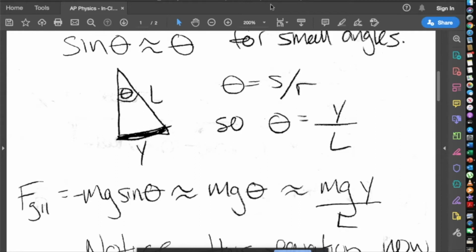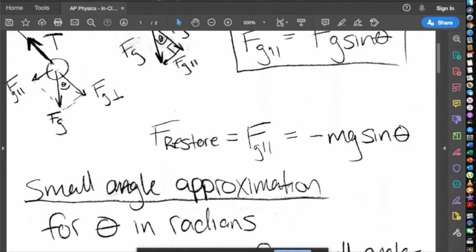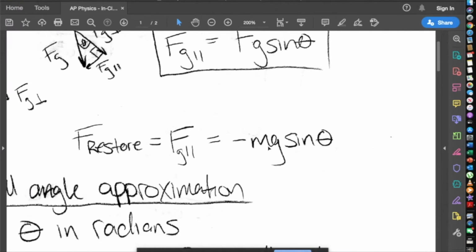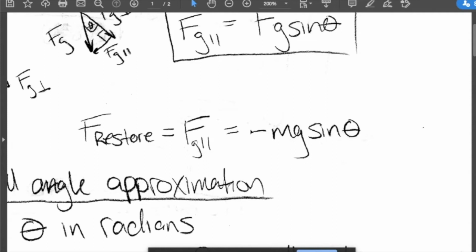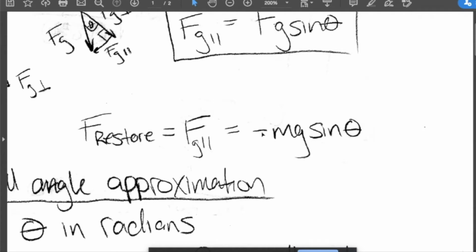The key thing to notice about this equation is that before, it didn't work for us, because restoring forces, which are always opposite of the displacement, that's why it has a negative sign, also have to be proportional to the displacement in order to qualify as simple harmonic motion.